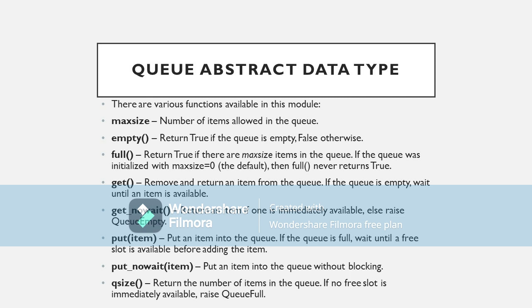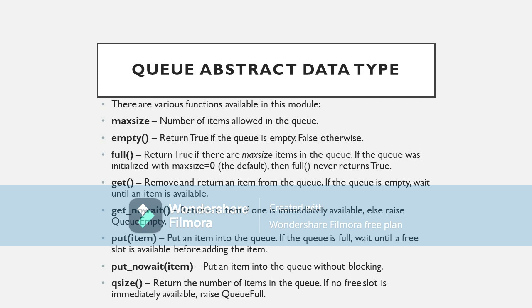We have the maxsize, which is the number of items allowed in the queue. empty() returns true if the queue is empty, false otherwise, and full() returns true if there are maxsize items in the queue. If the queue was initialized with a maxsize of 0, then full never returns true.